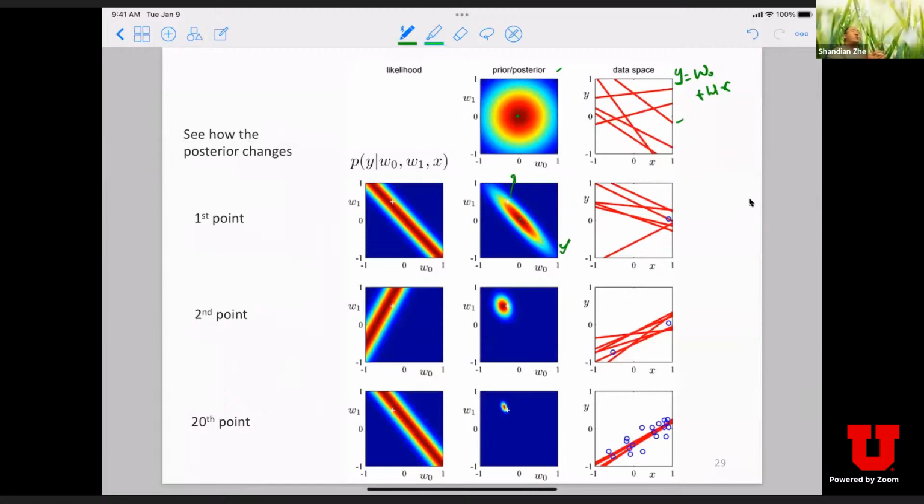It's not 0, 0 anymore; it's getting closer to the ground truth, the white cross. Meanwhile, the high density region, which you can roughly view as the lighter region, is much more concentrated. So what does it mean? What does it reflect?